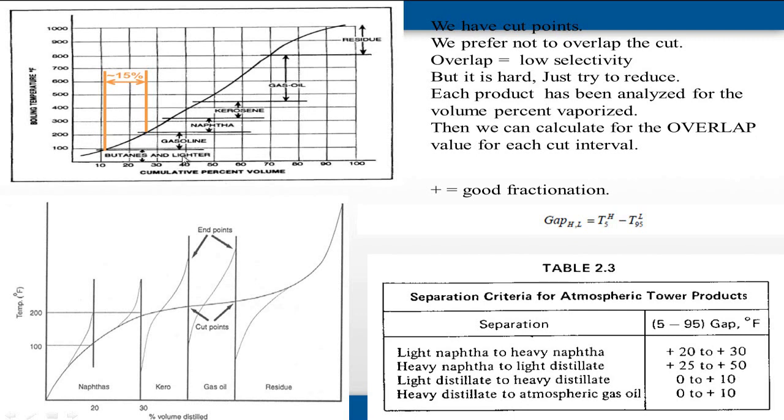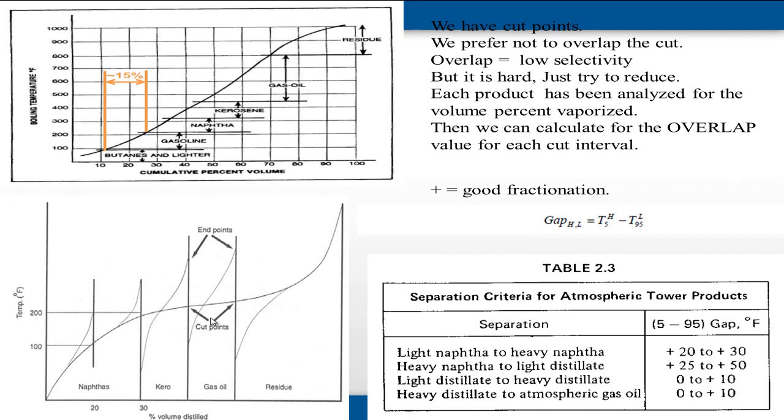Each product has to be analyzed for the volume percent vaporized again. In this case, it will look like the one in this figure here. You can see that there is an overlap.